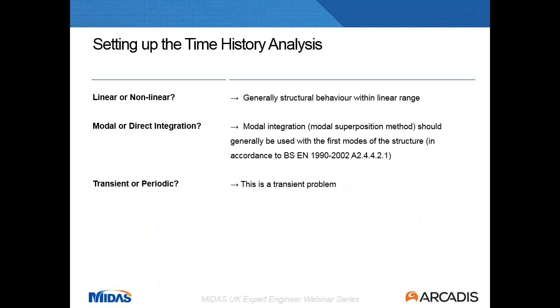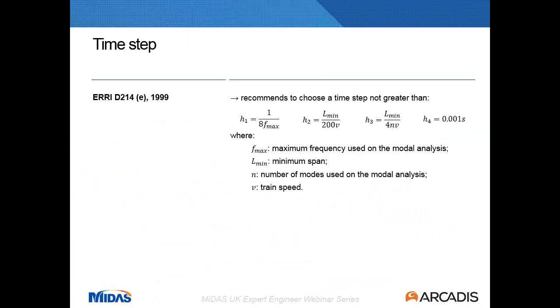And the other thing, that's a transient problem. It's not a periodic problem, because obviously the train runs over your bridge and then goes away, and there is no load on top of your bridge. Right. So these are the main characteristics of your time history analysis. What else? Timestep.